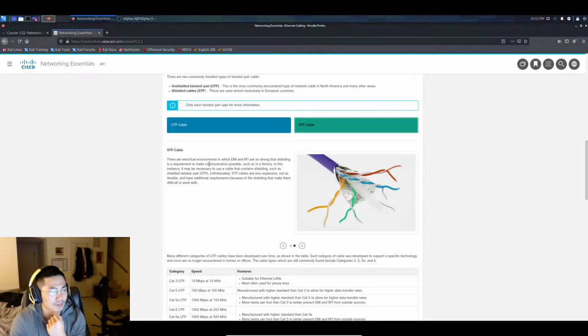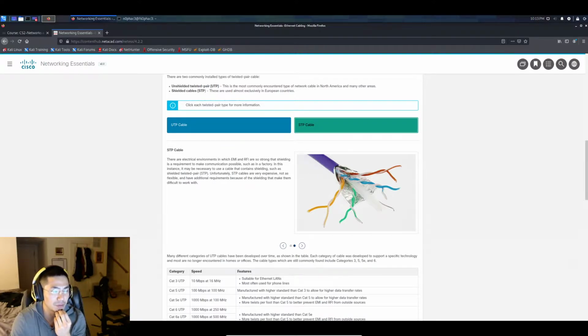The reason why they're called shielded is because, obviously, they have a better protective jacket, so they're less prone to EMI and RFI, radio frequency interference, and electrical magnetic interference.